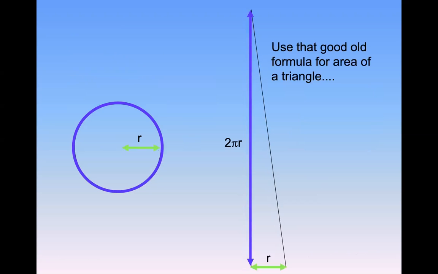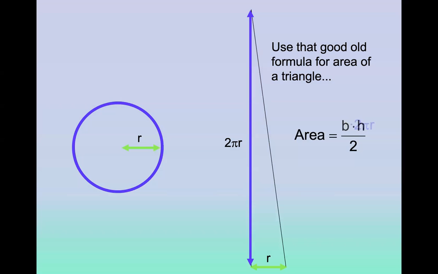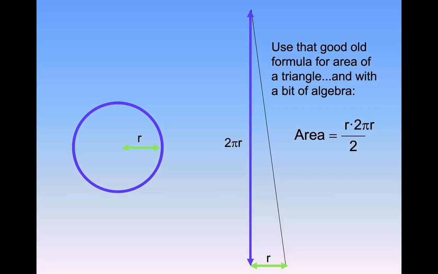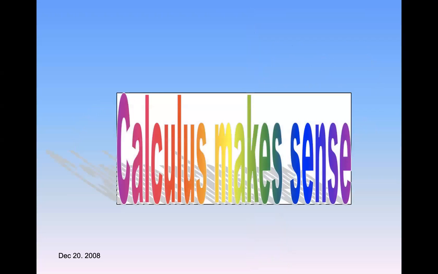The area of a triangle is half times base times height. So we replace them: the base is r and the height is 2 pi r. If we simplify, the area of the triangle is pi r squared, and that is the area of the circle.